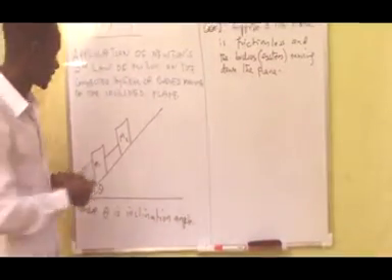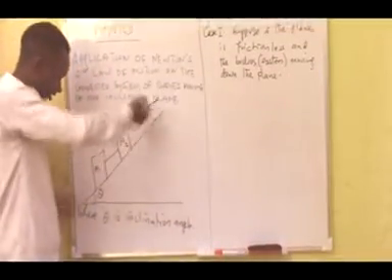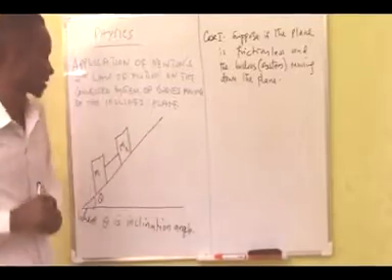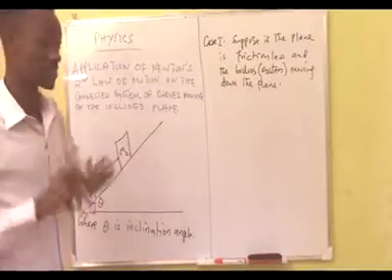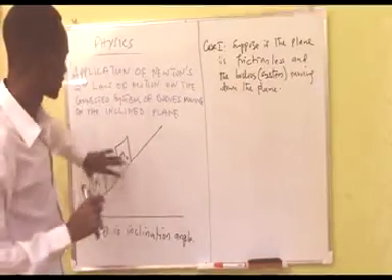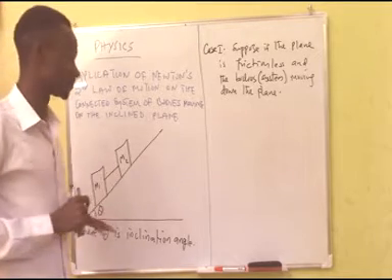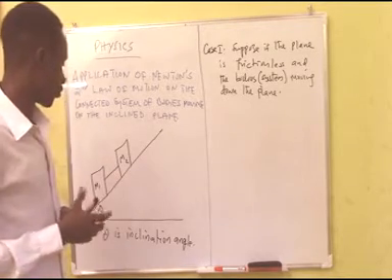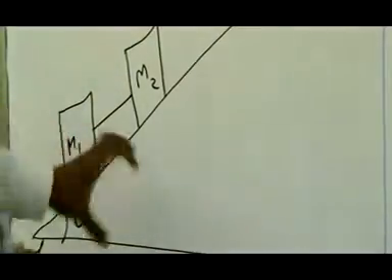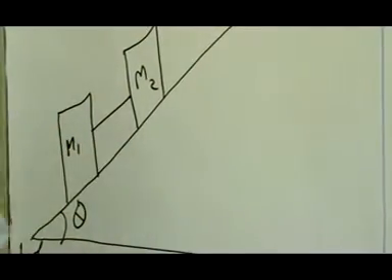Suppose the plane is frictionless, meaning smooth, and the system of masses is moving down the plane. Now, first of all, we have to sketch the free body diagrams for mass 1 and mass 2.